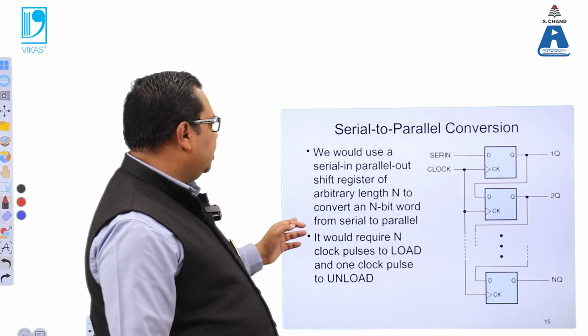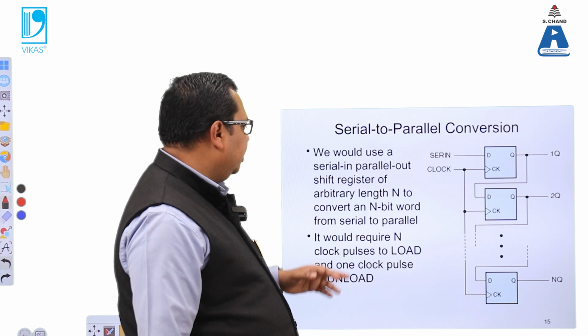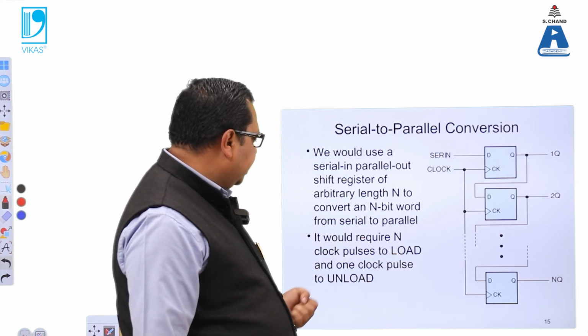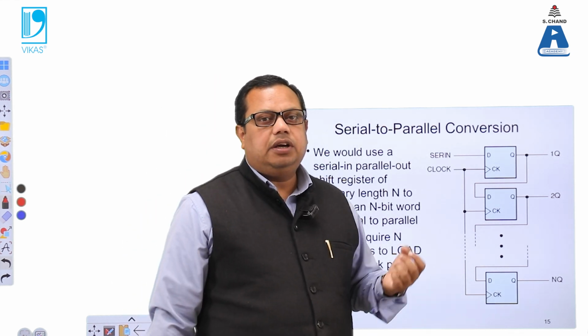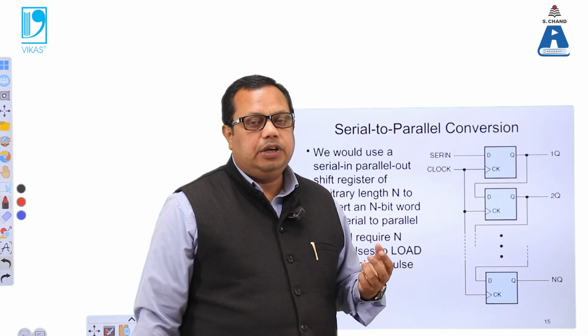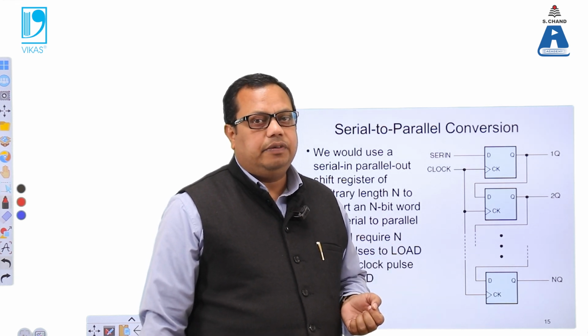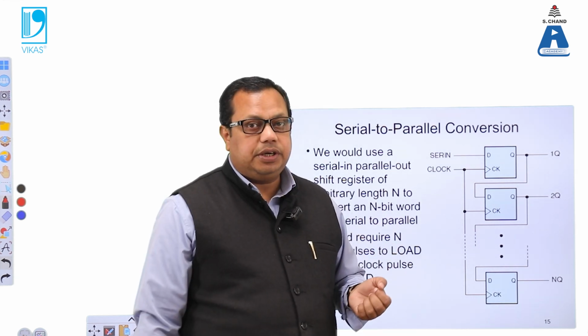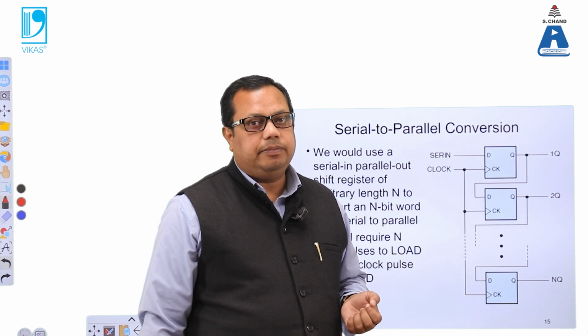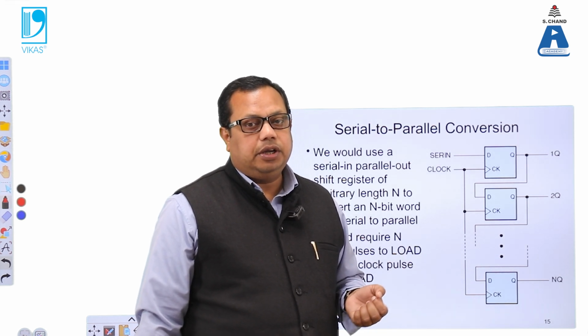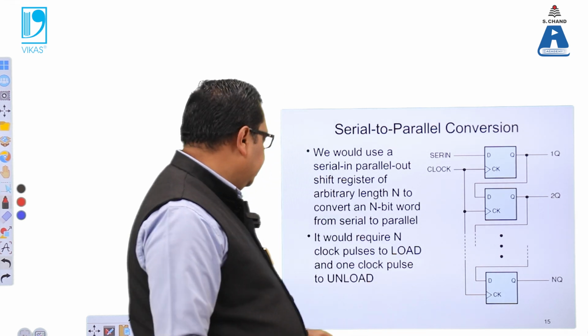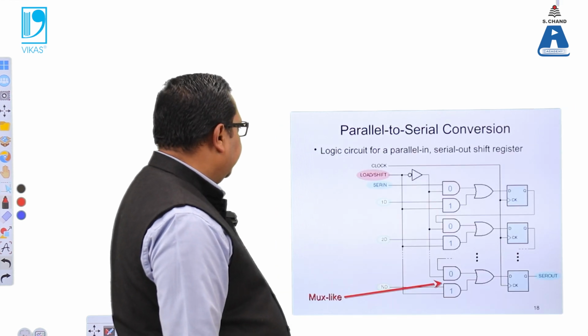So we will use the serial in and the parallel shift registers of a particular length. It depends upon the value of data. According to the value of data, we break it into bits, and according to the total time, we break that time into smaller time pulses. So this is the second conversion that we have seen.